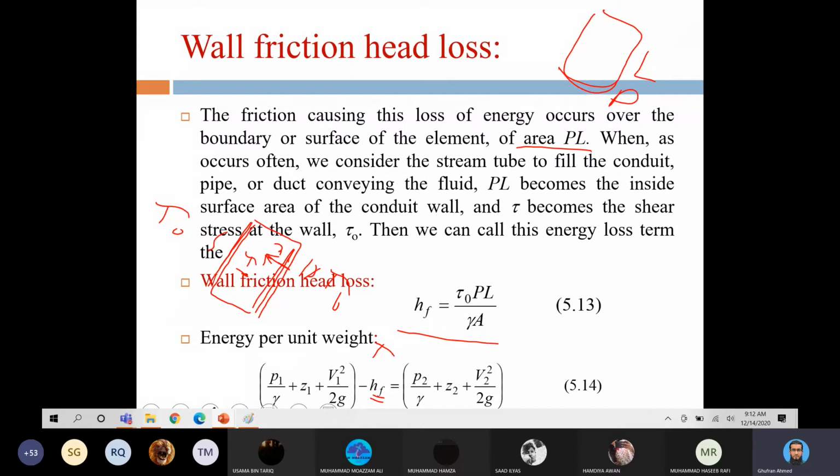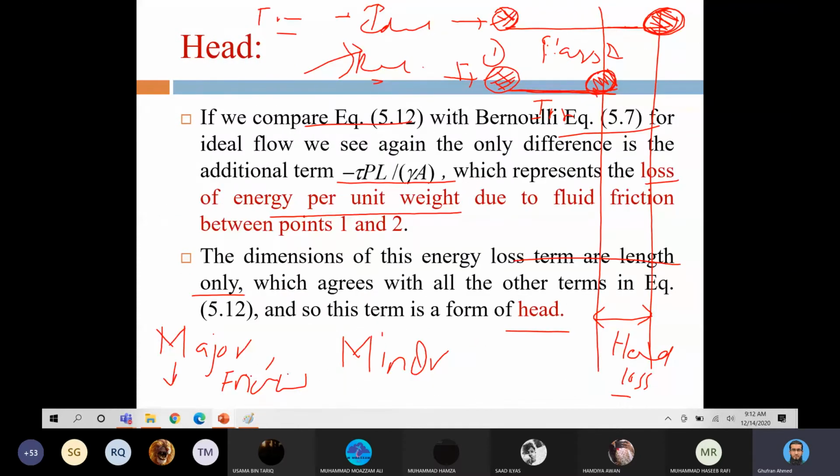And if we have some other losses, okay, why have we subtracted this from the first term? Actually, in this figure, you can see that at the first point, due to an ideal fluid, it has some extra head.